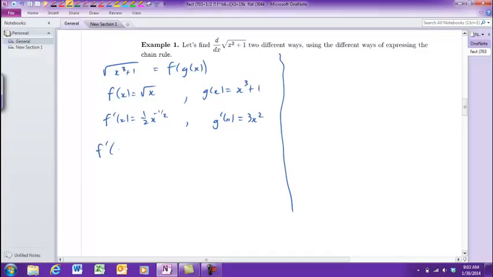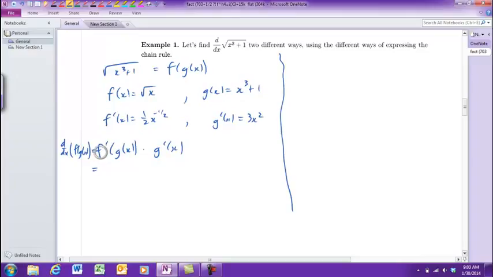So f prime of g of x times g prime of x, that's what we get when we take the derivative. I guess I could say this is the derivative of f of g of x.